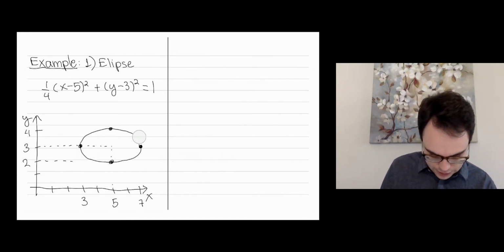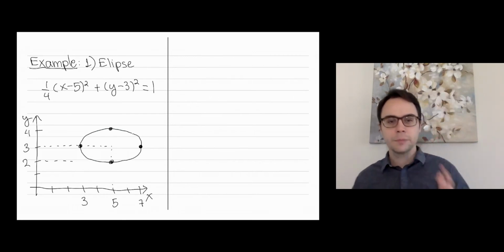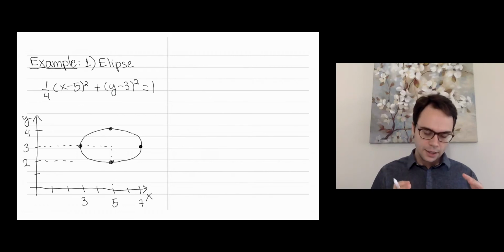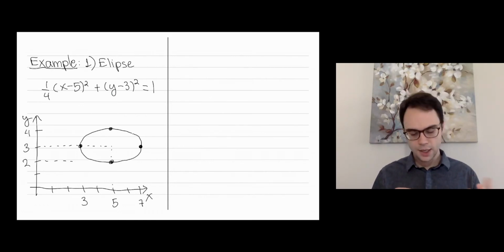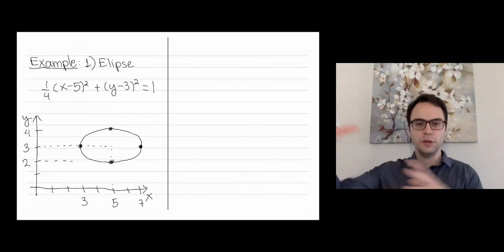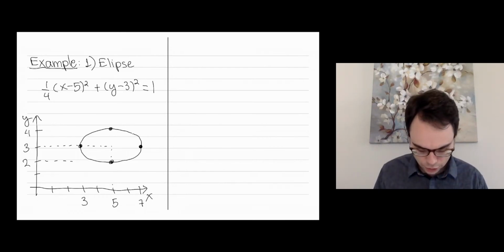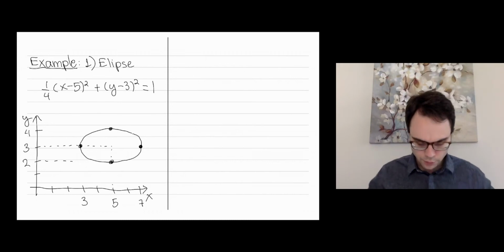Right, so now we drew a few points. We knew it was a translation. We know an ellipse is something you get by stretching a circle and maybe moving it around. Now we know exactly what we did. We started with a unit circle.